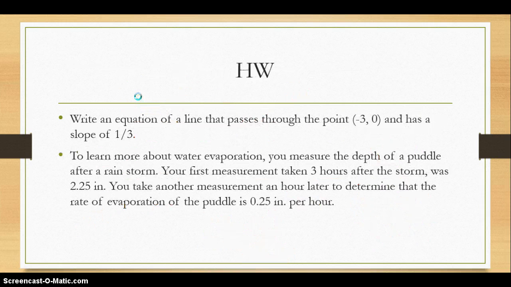Okay. So here's your homework. Write an equation of a line that passes through the point -3, 0 and has a slope of 1/3. And then second problem, to learn more about water evaporation, you measure the depth of a puddle after a rainstorm. Your first measurement taken 3 hours after the rainstorm was 2.25 inches.